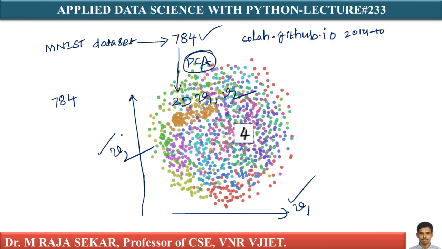Just like raw data, each of these points corresponds to one value, and they are colored. One value in the sense of what are the class labels here? Your class labels are 0, 1, 2, and so on up to 9. They are colored differently for different numbers.